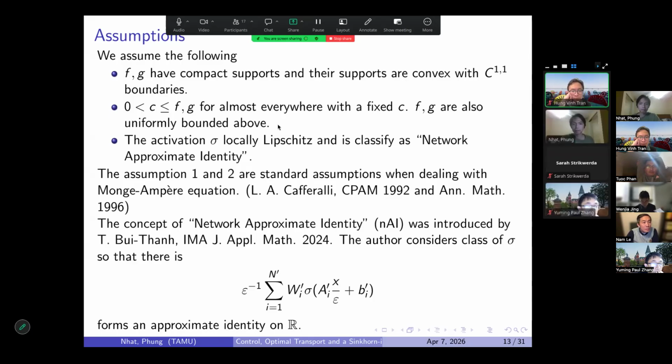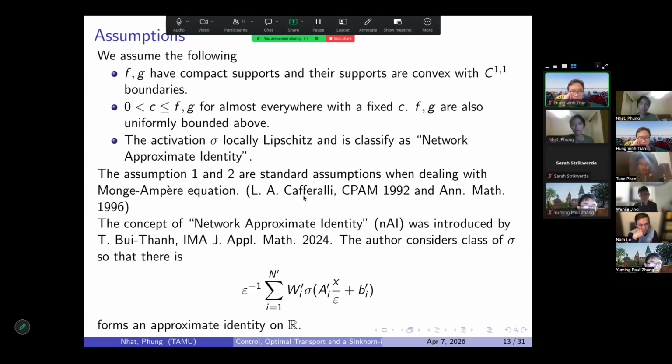The other assumption, why we need the convex and smooth boundary: we do need to ensure that there's some regularity on the Monge-Ampère equation later on, to have a certain degree of regularity. This is based on the work of Caffarelli in CPAM '92, or maybe in Annals of Math '96.